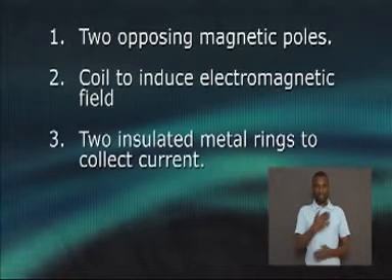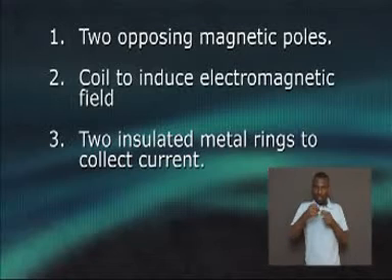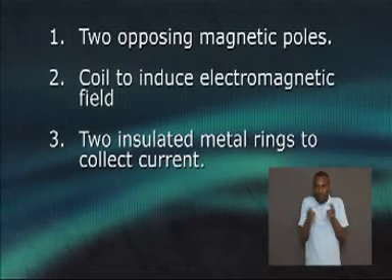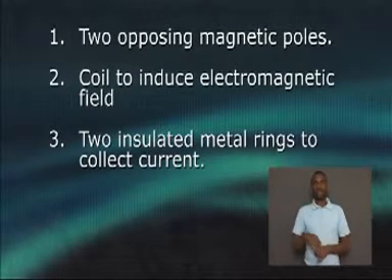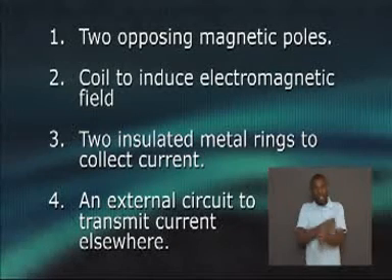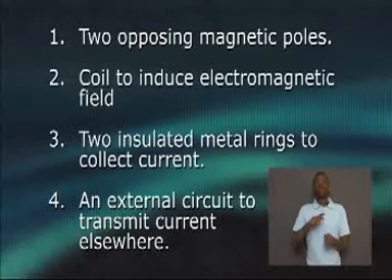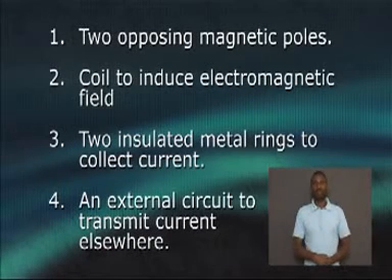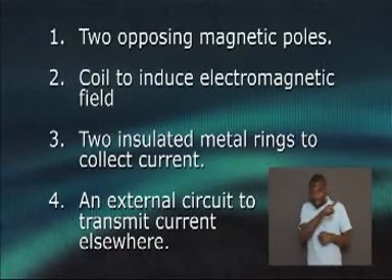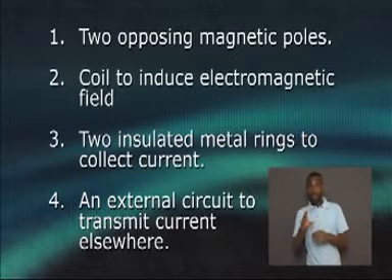We need two insulated metal rings to collect the current. Lastly, we need an external circuit to transmit the electrical energy to the object that needs power. If you properly defined the components and their importance, great work.